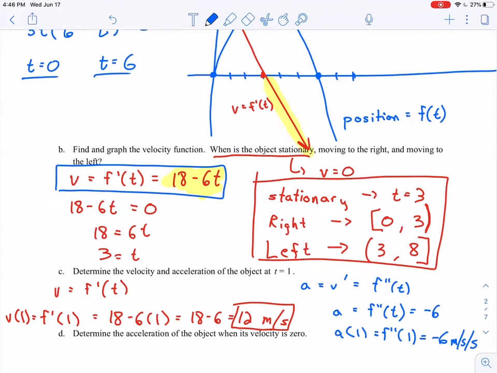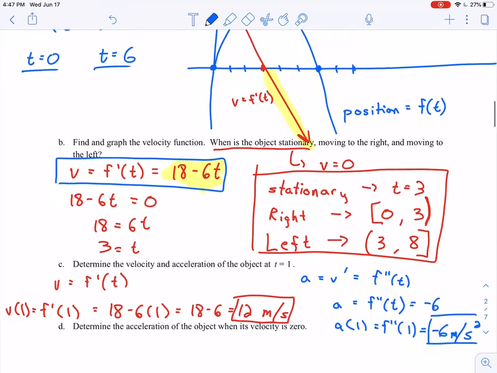What this says is my velocity is decreasing by 6 meters per second every second. So every second my velocity is going down by 6 meters per second. The other way we might write that, and probably more commonly, is negative 6 meters per second squared. So there is my acceleration at 1 second.